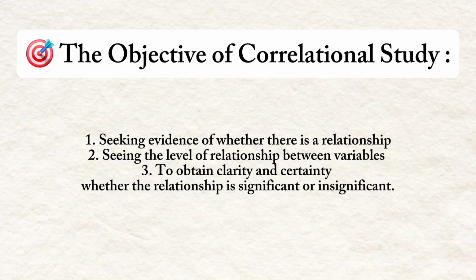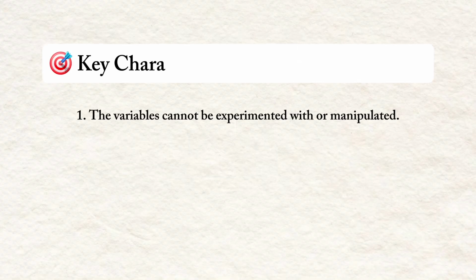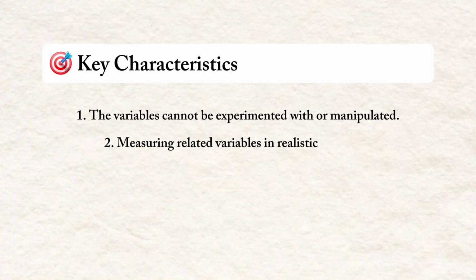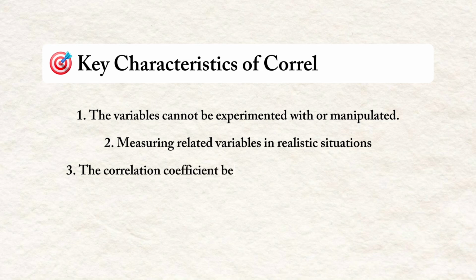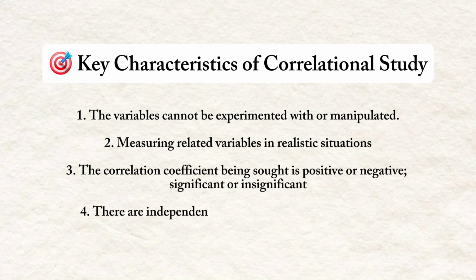Some key characteristics of correlational study that researchers should be aware of include: first, the variables being studied are relatively complex. They cannot be experimented with or manipulated. Second, measuring related variables simultaneously in realistic situations.